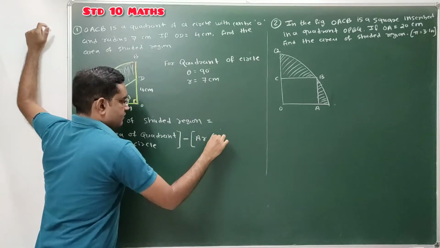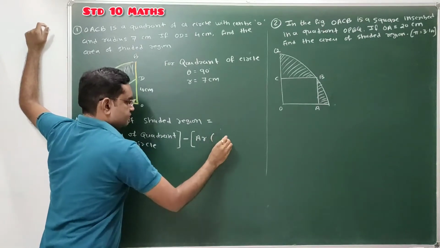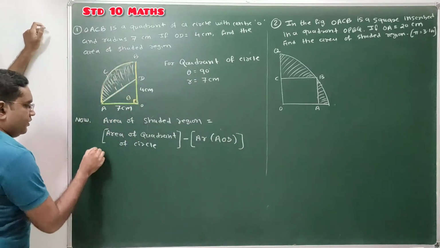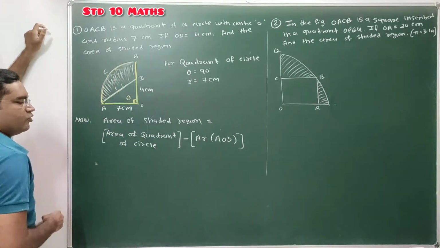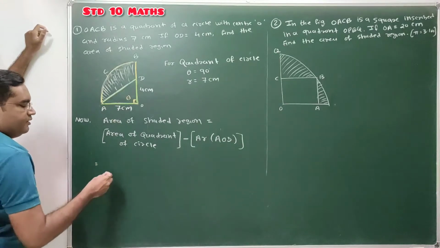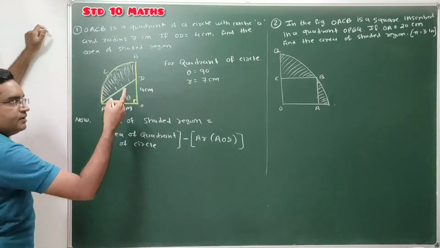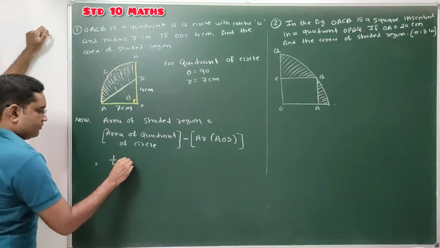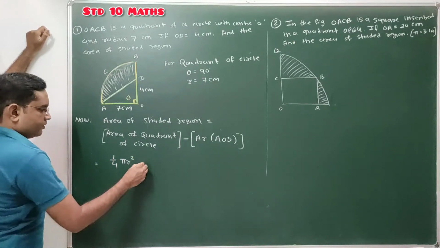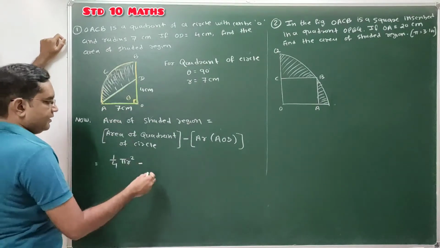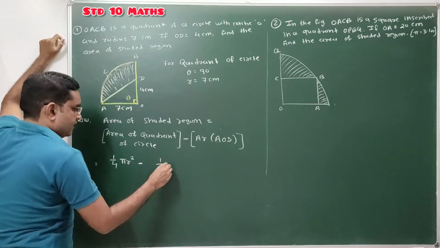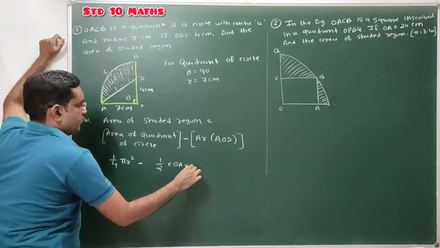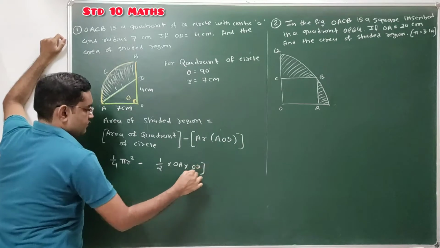Now the formula for quadrant of circle with theta equal to 90 degree: it's pi r square theta by 360 degree. Put theta equal to 90, so we are getting 1 by 4 pi r square minus area of this right angle triangle, which is 1 by 2 into base OA into height OD.